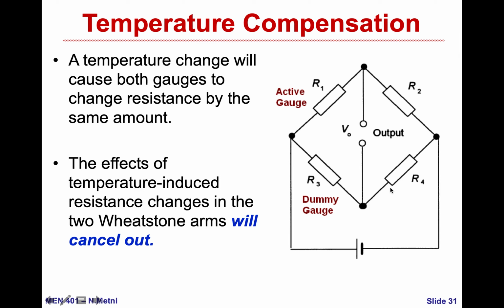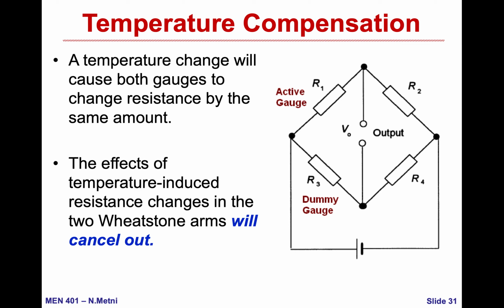When the bridge is balanced, R1 over R3 is equal to R2 over R4. Now, if there is any increase in temperature, R1 increases and R3 increases in the same way. Therefore, the R1 over R3 ratio will stay equal to R2 over R4, and V out will stay equal to zero.